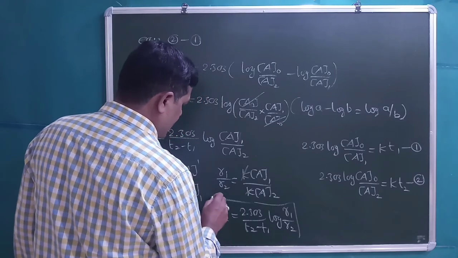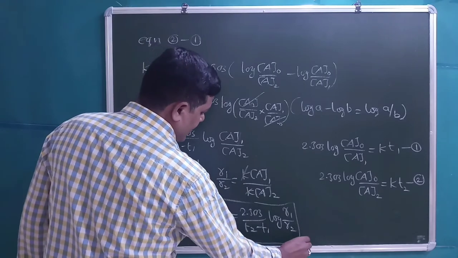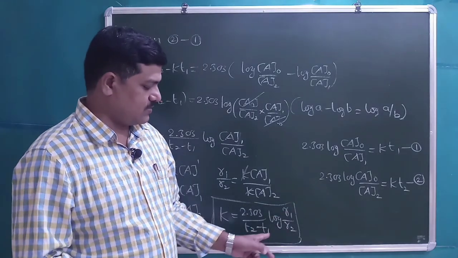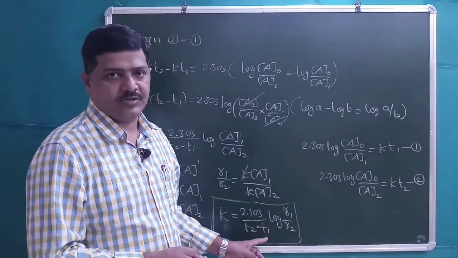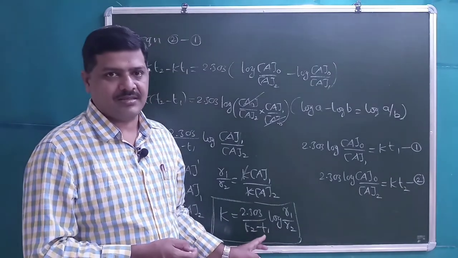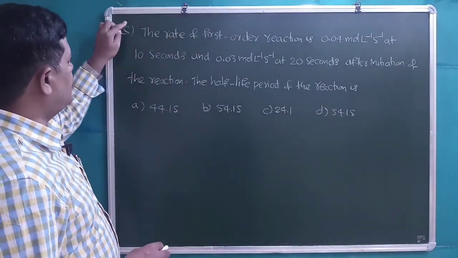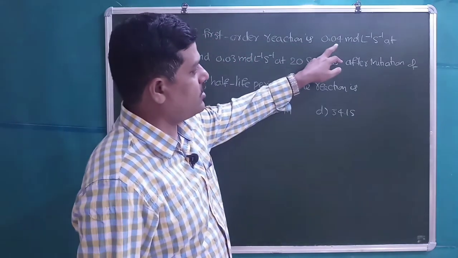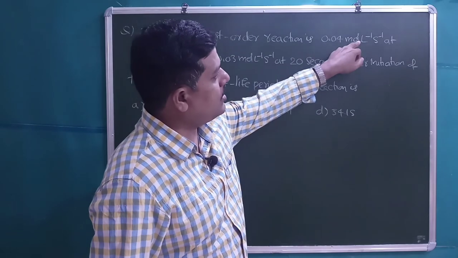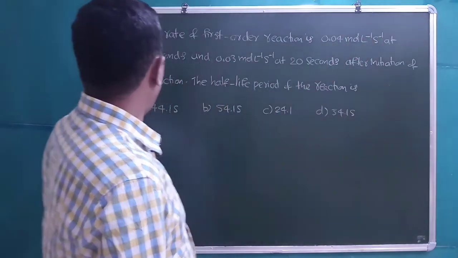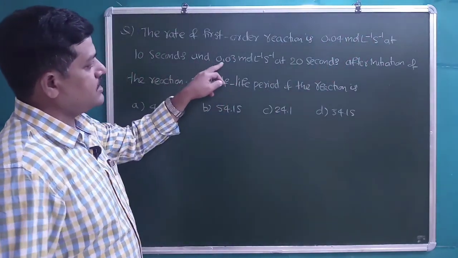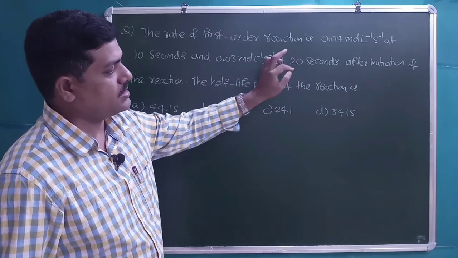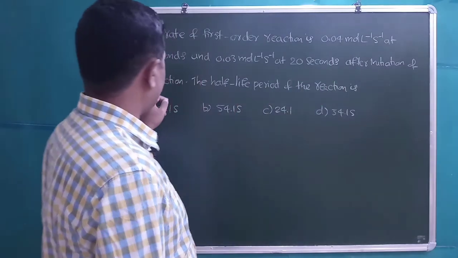This is the formula to calculate the K value when the two rates R1 and R2 are given at times t1 and t2. Let us take one question based on this formula now. Students, the question is: the rate of a first order reaction is 0.04 mole per liter per second at 10 seconds and 0.03 mole per liter per second at 20 seconds after initiation of the reaction.